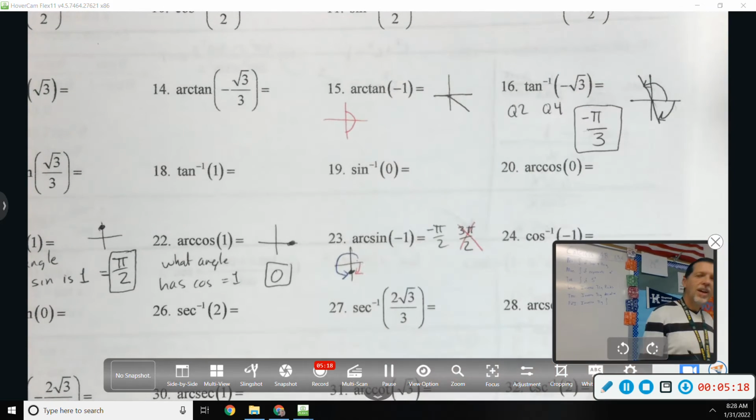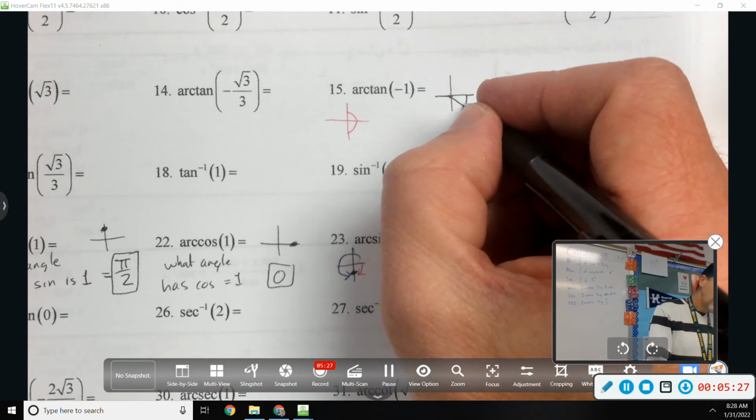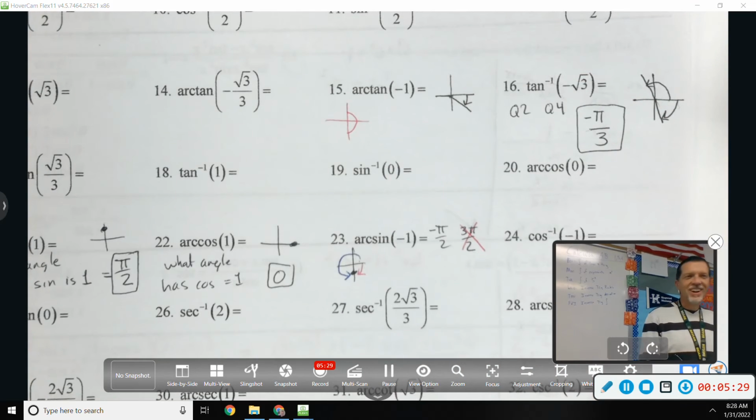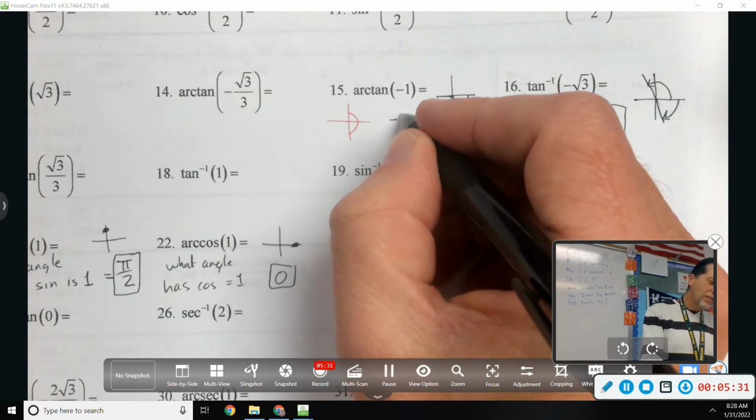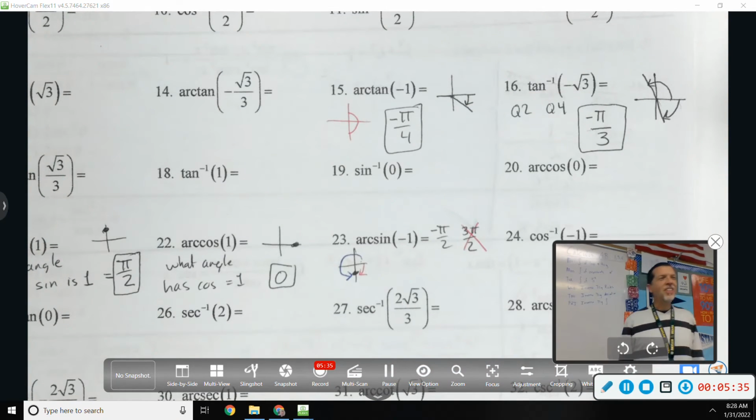Well, halfway. I'll buy that. Root 2 over 2. Well, sine and cosine are root 2 over 2. What's the angle there? 45. What's the angle in radians there? Negative pi over 4. So you said a lot of good things. Root 2 over 2, 45 degrees. Sort of, but you didn't answer the question. What angle has a tangent of negative 1? Negative pi over 4. Gotcha.